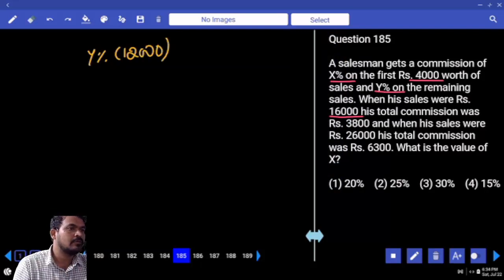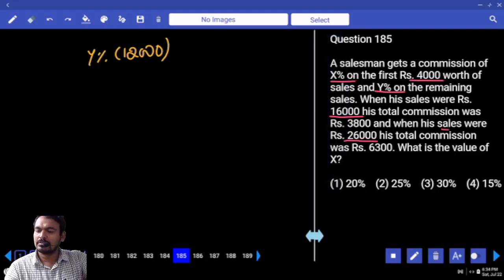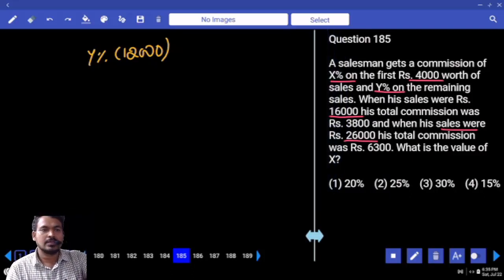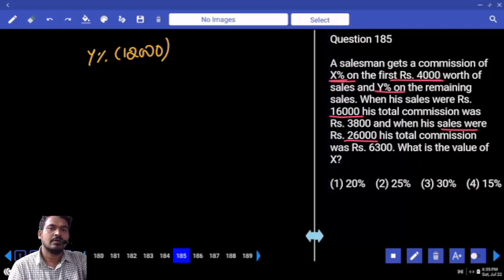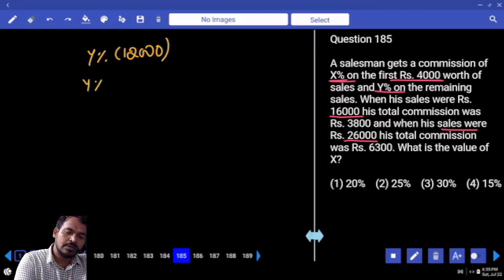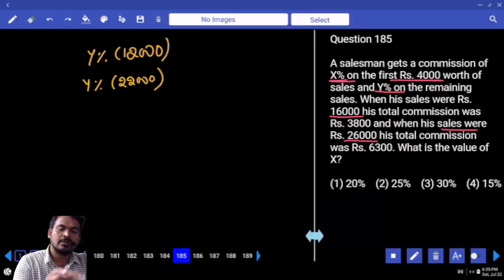Y percent of 12,000. Next, second one, what is the total sales? 26,000. In that first 4,000, what commission is he getting? X percent. What is the remaining sales? 22,000. In the 22,000, what commission is he getting? Y percent.